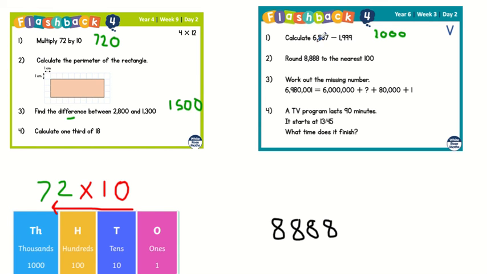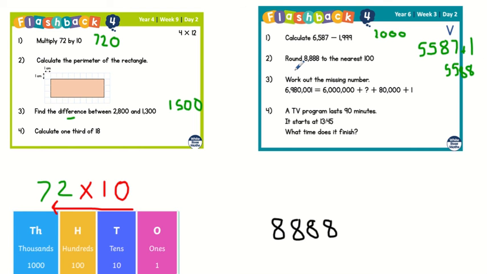I can subtract 2,000 from 6,587 mentally. I'd be left with 4,587, plus the one that I used for rounding, to give the answer 4,588.